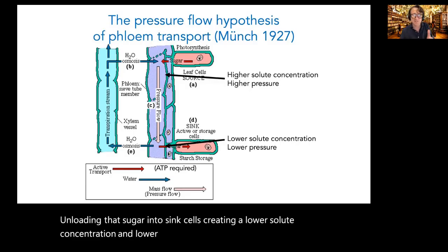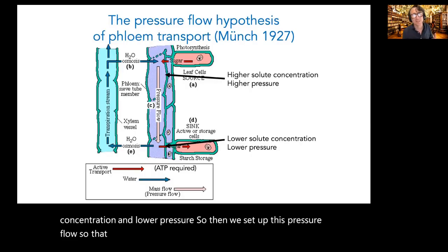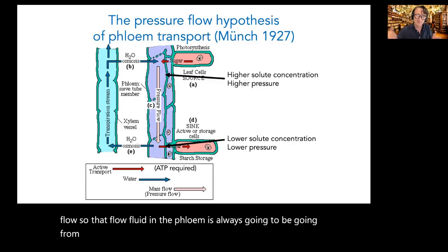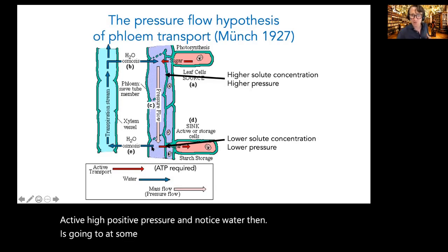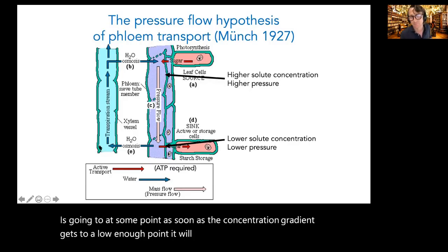So then we set up this pressure flow so that fluid in the phloem is always going to be going from source to sink, under high positive pressure. And notice water is going to, as soon as the concentration gradient gets to a low enough point, move back into the xylem, basically recycling that water.